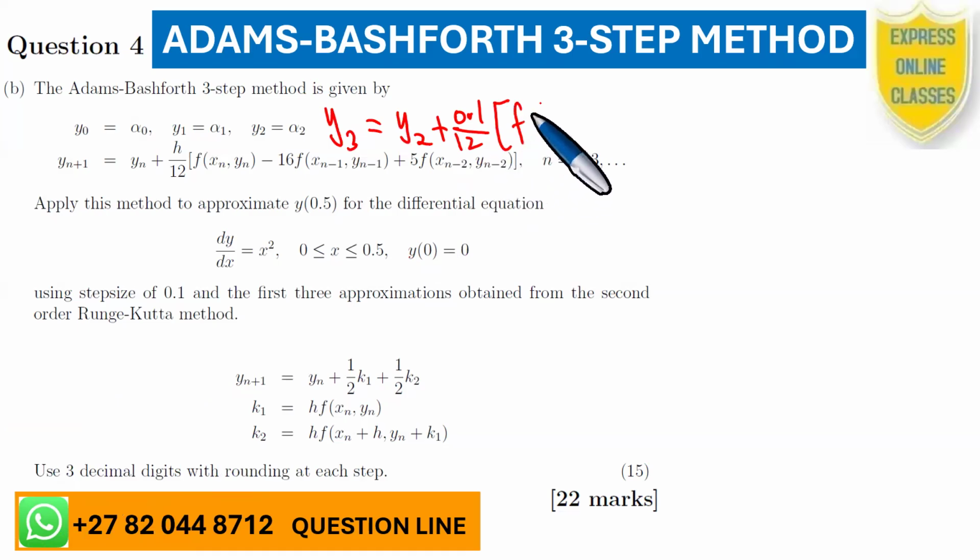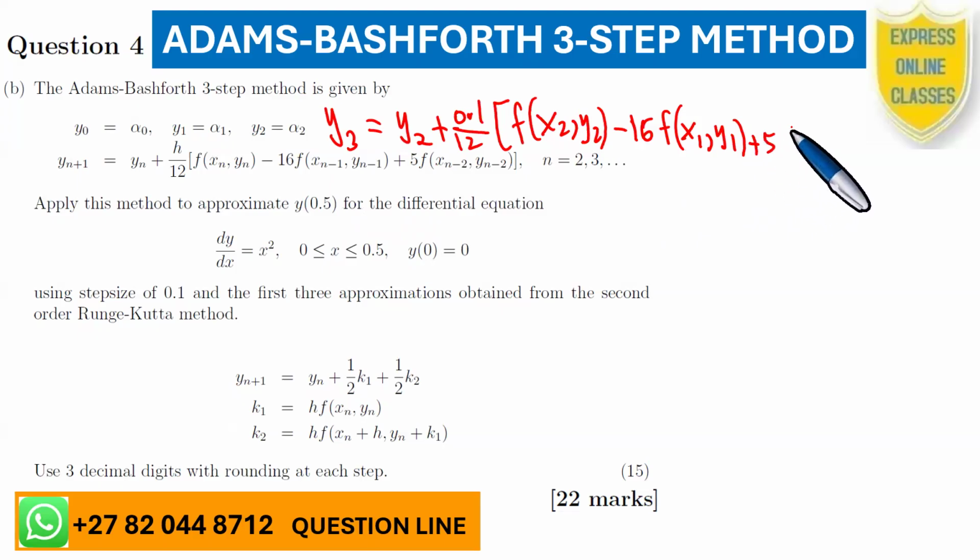And this is f of the following. If n is 2, then it's f(x2, y2), minus 16 f(x1, y1), plus 5 f(x0, y0), since n minus 2 is 0.